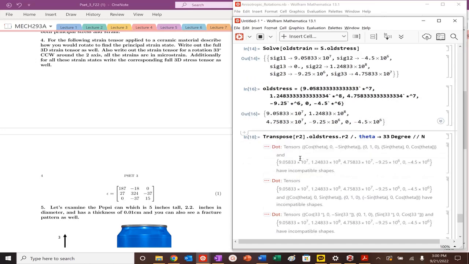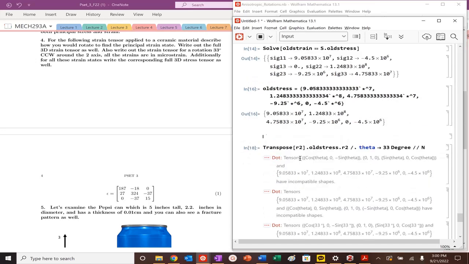Let's go ahead. Trying to think of a way if we could do this quickly, but instead, let's just do it the old-fashioned way. So I can do stress old, and I can pull out old stress, bracket 1, the 6th value, old stress. Which value would that be? The 5th value, yep. So now we can copy that.